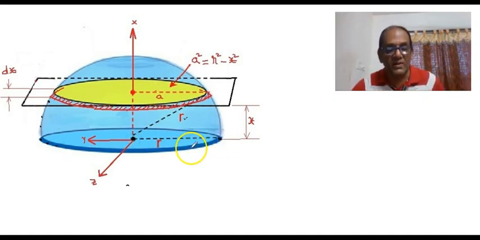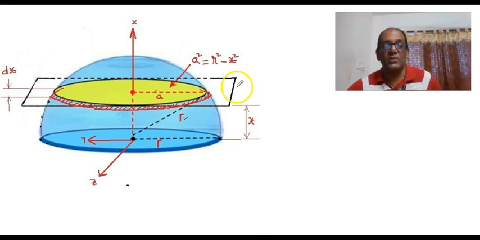That is, we are considering a hemisphere of radius r. If we cut this hemisphere with a plane shown here, which is parallel to the base of the hemisphere, the circle formed here is what we call the base of the hemisphere.